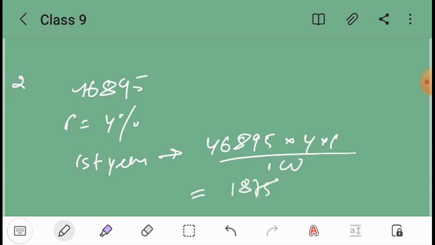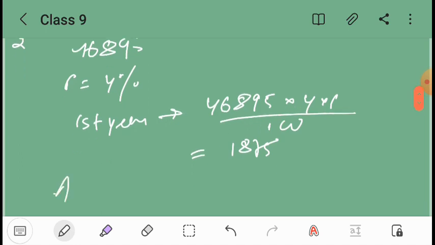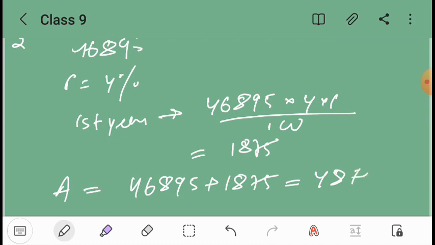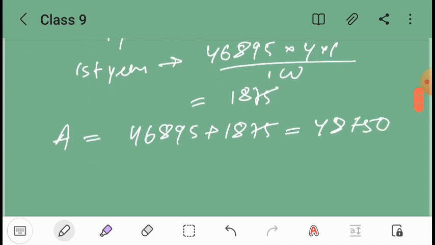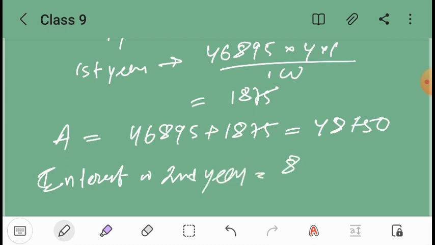Okay. Just make the calculation here, you will get that. Now the amount after 1 year, you need to add these two, so it will be 46,895 plus 1,875, and hence you will get 48,750, right. Now the interest in the second year is 48,750 into 4 into 1 divided by 100.